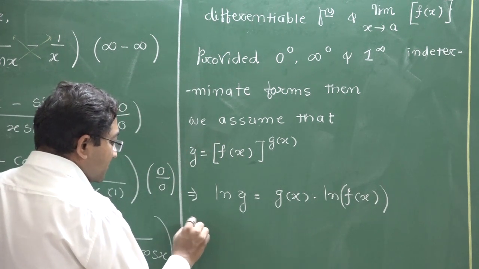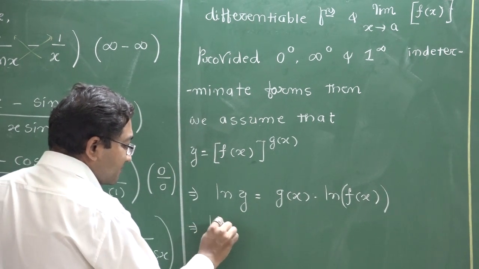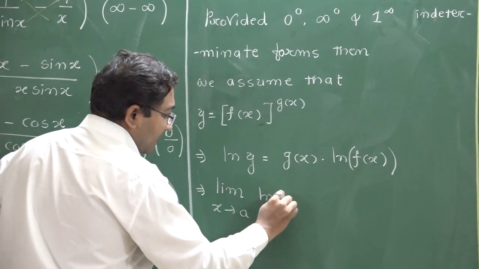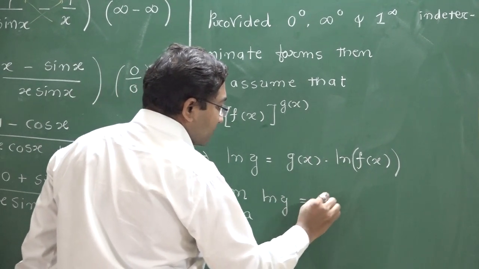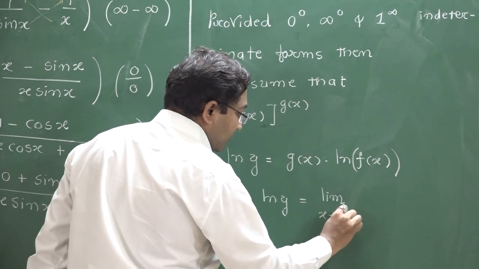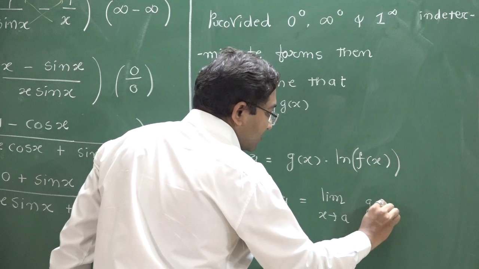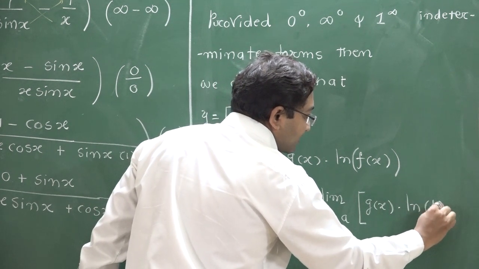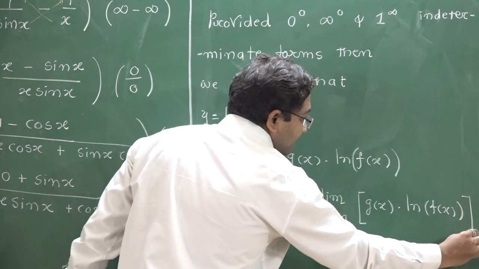Apply the limit on both sides, we get limit x tends to a of ln y equals limit x tends to a of g of x into ln f of x.